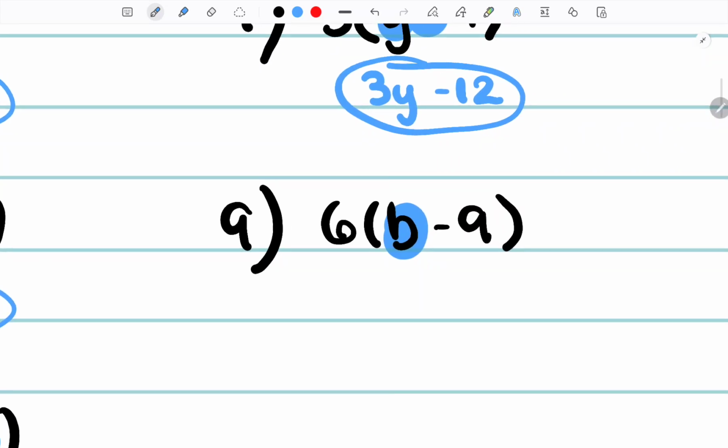Number 9, 6 parentheses b minus 9 parentheses. I'll give you a couple of seconds to solve this, and it shouldn't be hard. I'll give you guys a couple of seconds to write this down and solve it quickly.